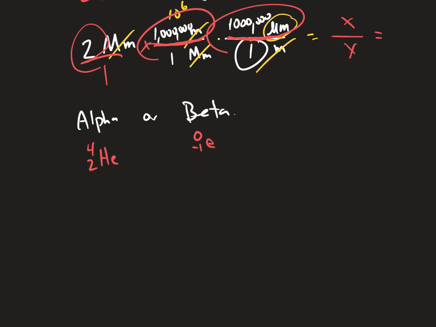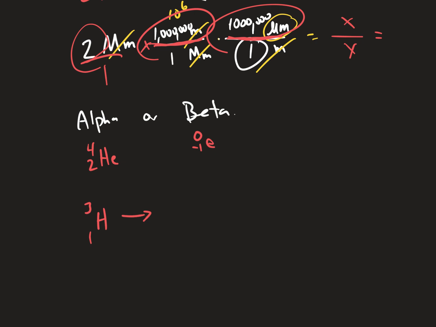And so you might be given something that says, okay, let's say we have hydrogen 3 undergoes beta decay, and I want to know the product. That's what the question might say, right?